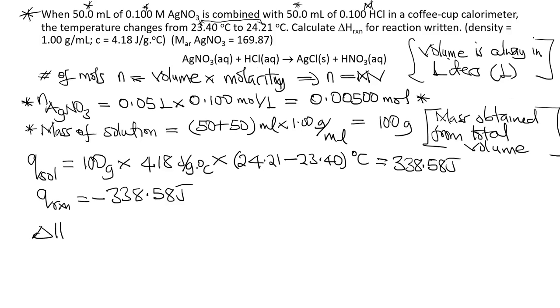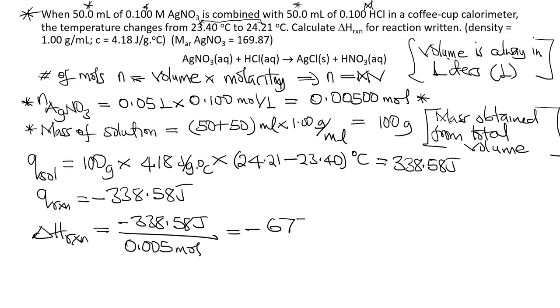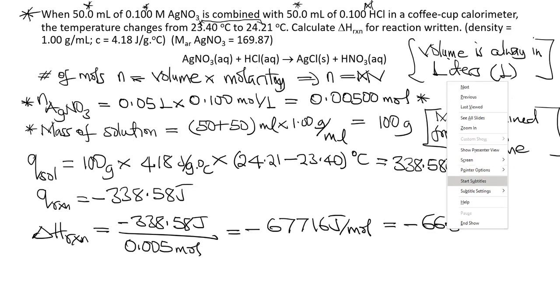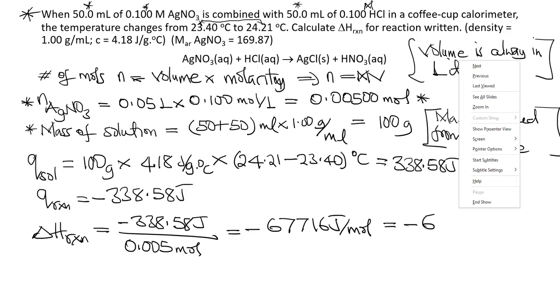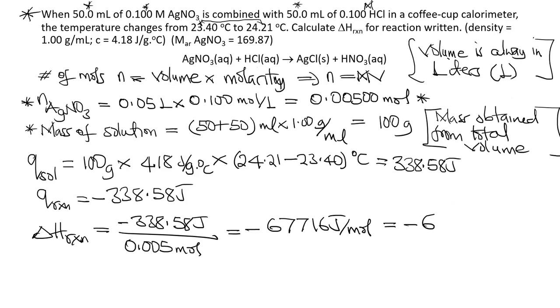As such, for delta H reaction, you just divide the heat of reaction by the number of moles. 338.58 joules divided by 0.005 mole gives us negative 67716 joules per mole, or negative 67.8 kilojoules per mole. So that's how we solve this problem.